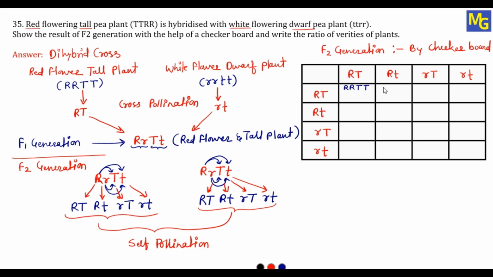Then capital R, capital R, capital T, small t. Then capital R, small r, capital T. Then capital R, small r, capital T, small t.